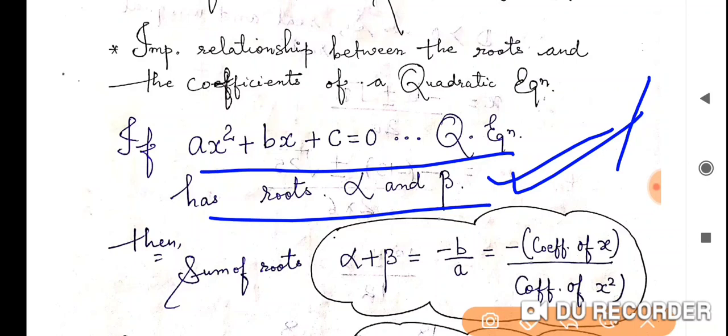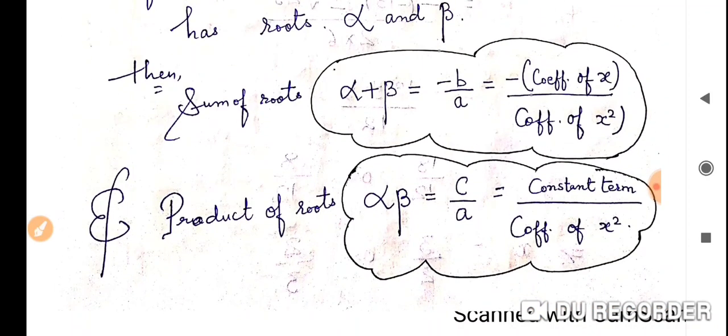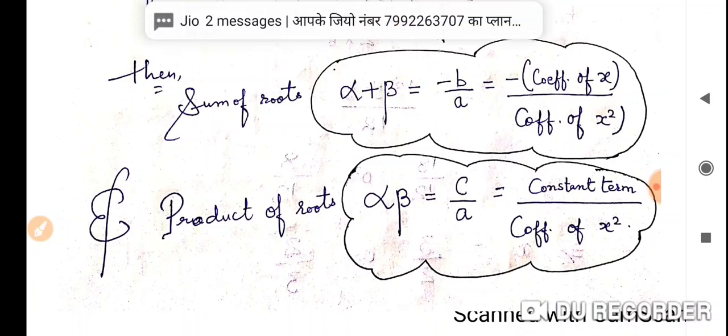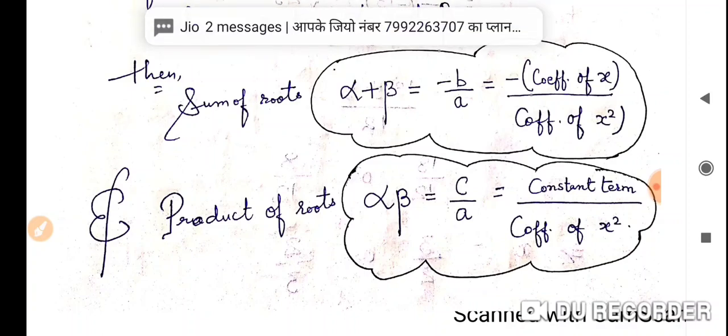is given by the sum of roots, that is alpha plus beta equals minus b by a, equals minus coefficient of x divided by coefficient of x square.